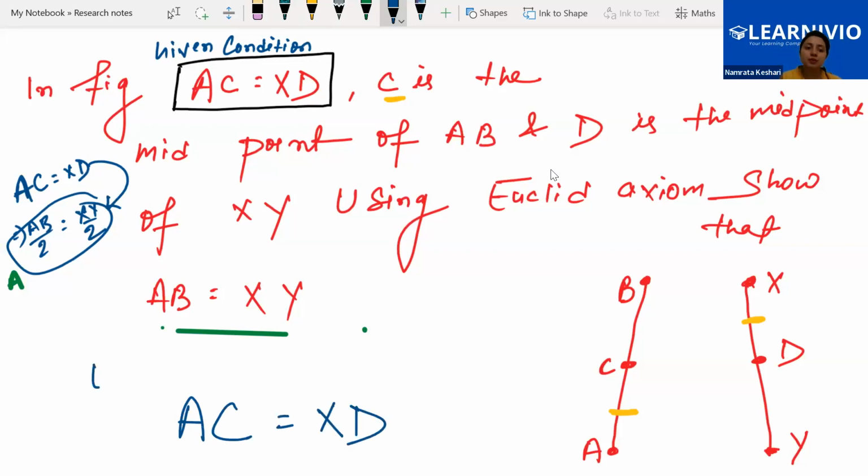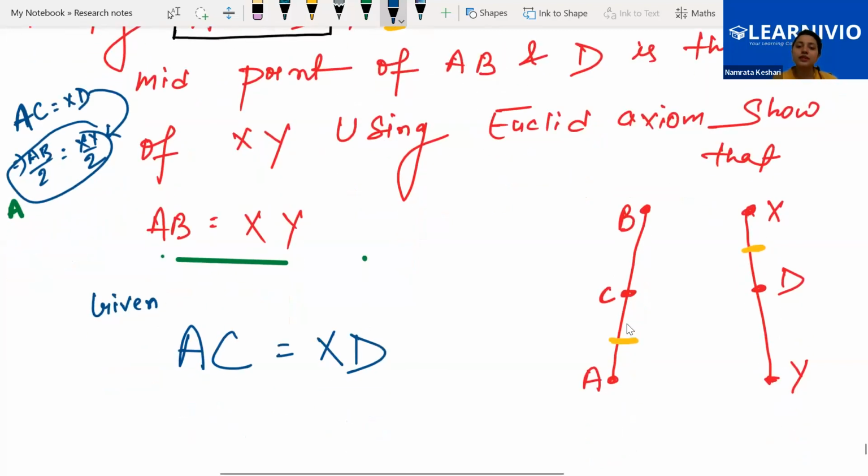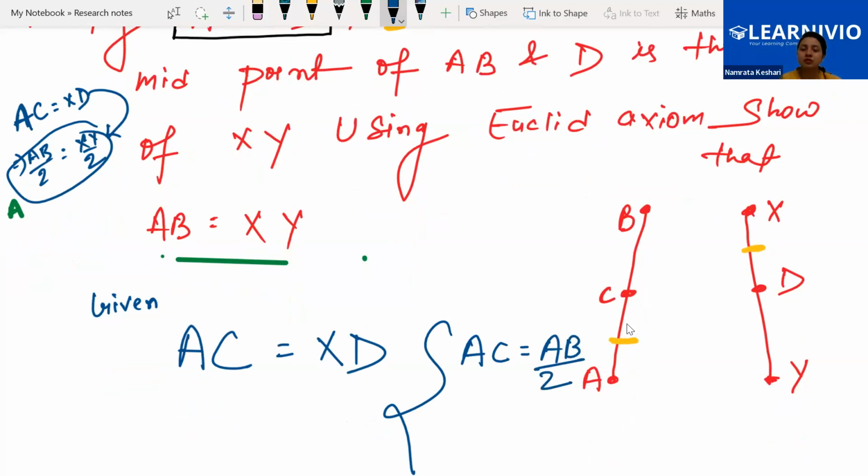Apart from that, one more given is there: D is the midpoint of XY and C is the midpoint of AB. So if C is the midpoint of AB, can we write AC is equal to AB by 2? Can we write, since C is the midpoint?